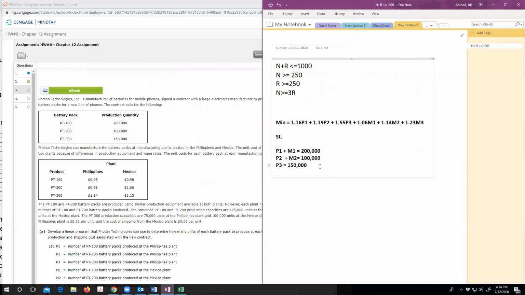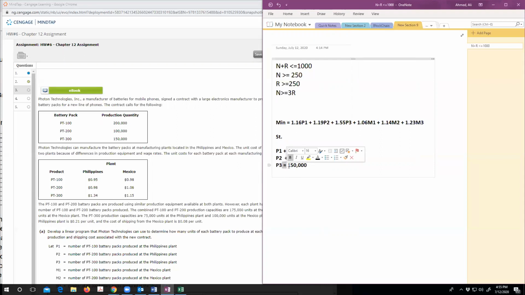We need this type, total 100,000. Either we make it in the Philippines or Mexico. We need type 2, either we make it in the Philippines or Mexico. We need 100,000.